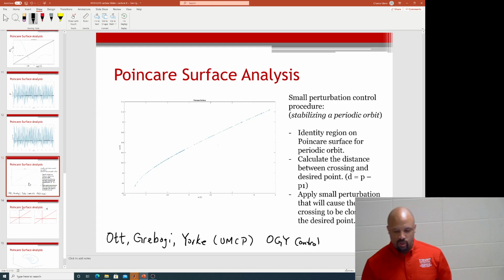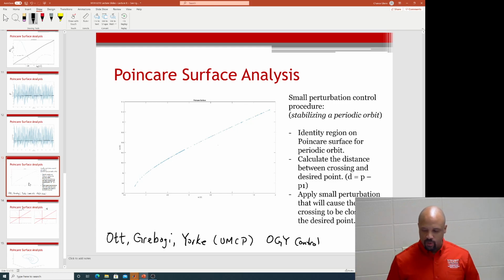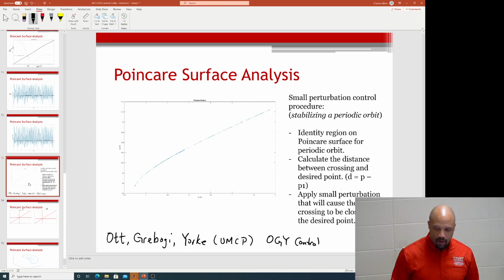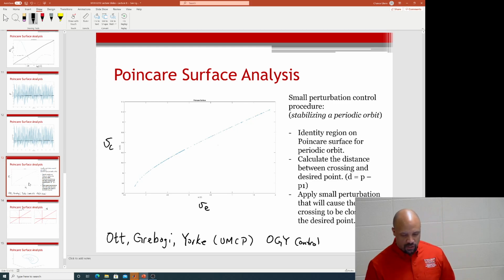Now, what do we do? The first thing to do is identify a region on the Poincaré surface for a periodic orbit. As you remember, this is the Poincaré surface again, here's VE, here's VC, and these are the points that cross through the surface.